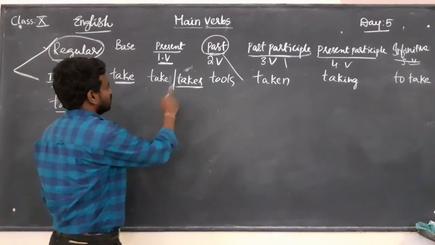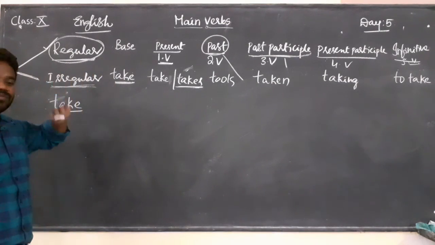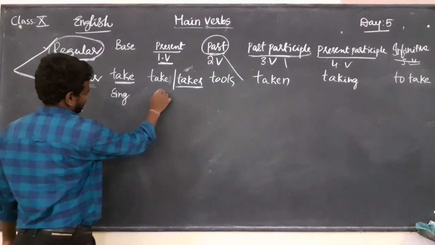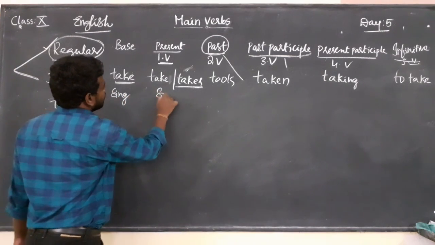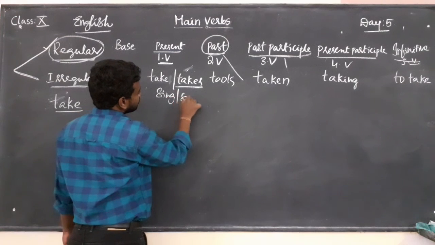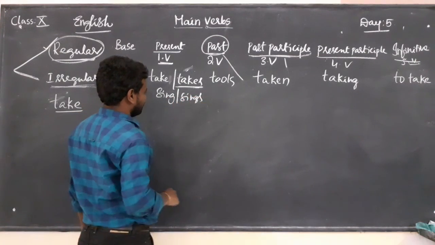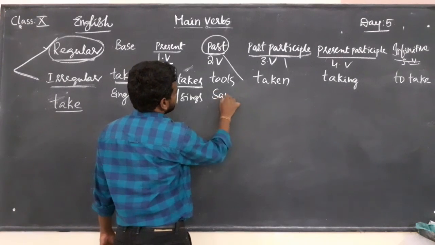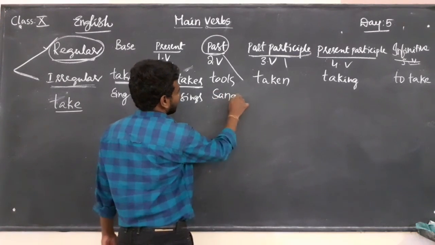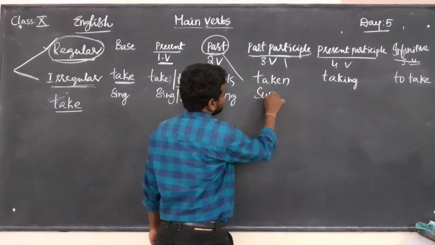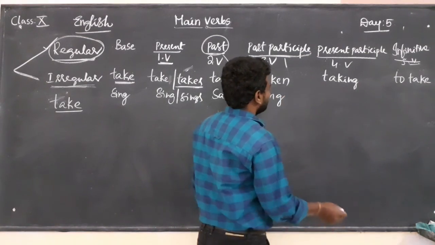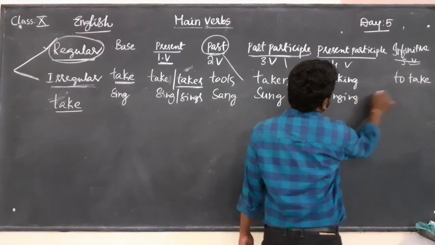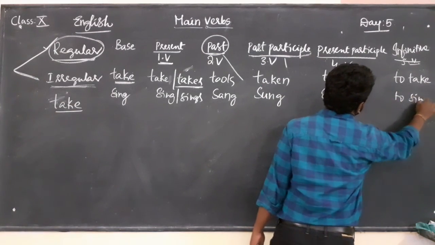So these verbs, right? Let me write one more word: sing. Here the singer sings. The past form is sang, the past participle is sung, the present participle is singing, and the infinitive is to sing.